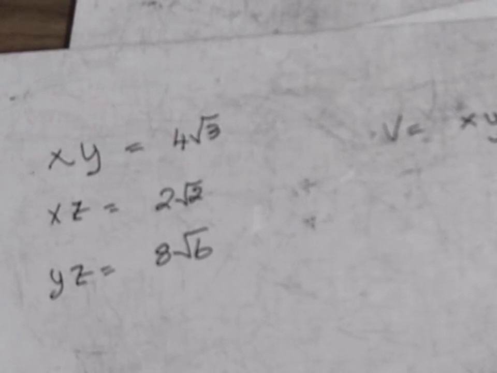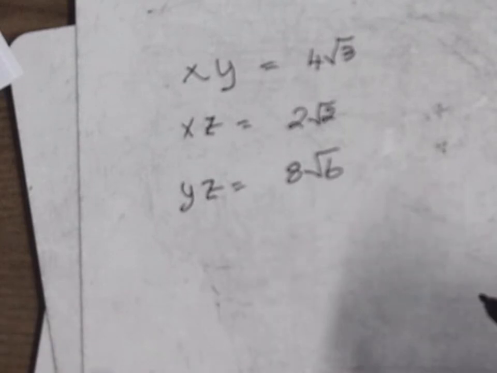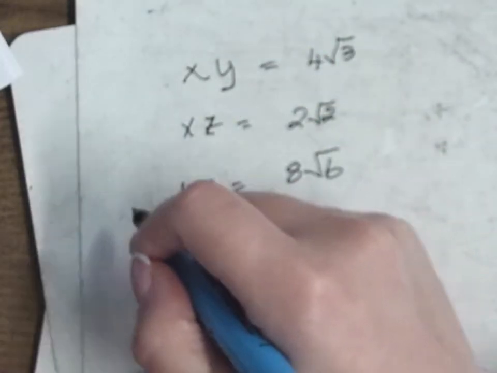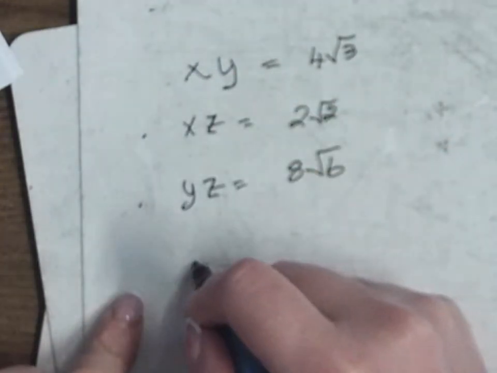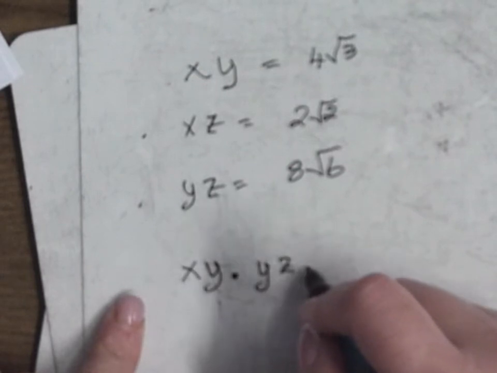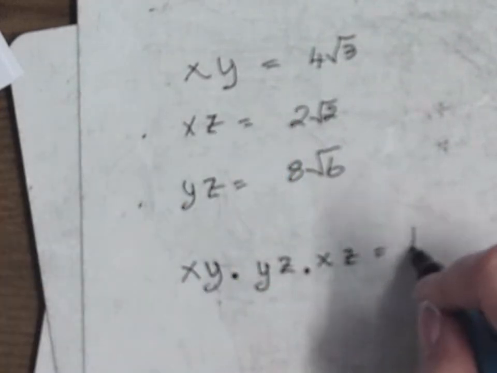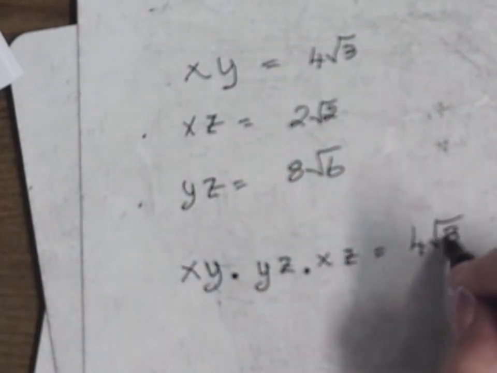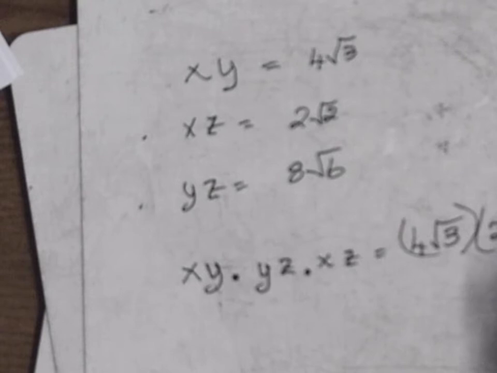One way to do it is to multiply all three of these: xy multiplied by yz multiplied by xz, which equals 4 root 3 multiplied by 2 root 2 multiplied by 8 root 6. That's one way of doing it.